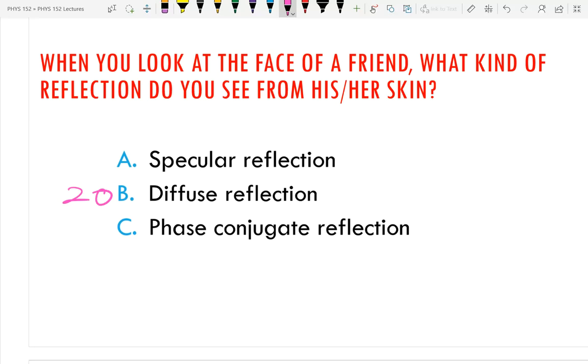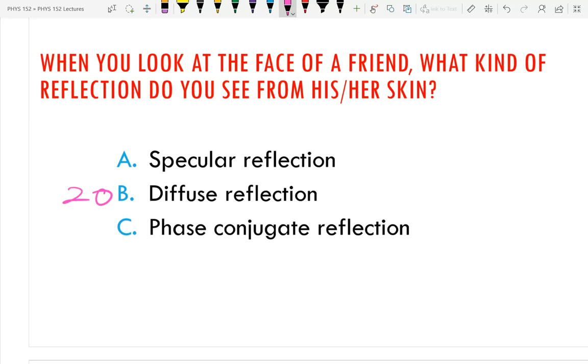Well, if you look at some people's foreheads, and mine's probably a good example, I'm not sweating like a fiend right now, but often I am, you see a glare off of the head, right? What causes that glare? That glare is actually a partial specular reflection.